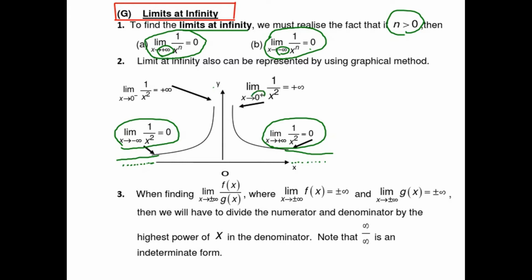When x approaches 0 from the right, y increases. So, the limit as x approaches 0 from the right of the function 1 over x squared equals positive infinity.